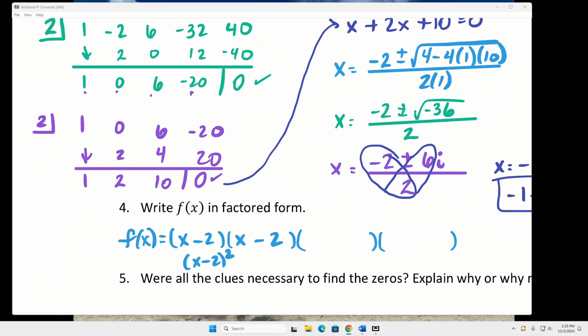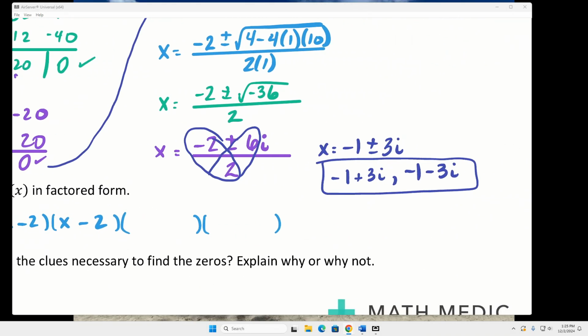However you want to write it, it doesn't matter to me. All right, and then we have to have a factor for each one of these. And they're both going to have an x first. And then you change the sign, change both signs. And so for the first one, it's going to be plus 1 minus 3i. All right, and then for the second one, it'll be plus 1 plus 3i.